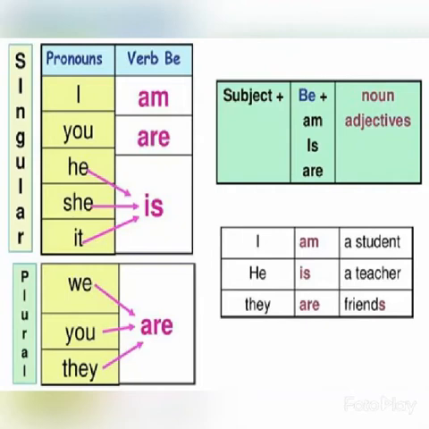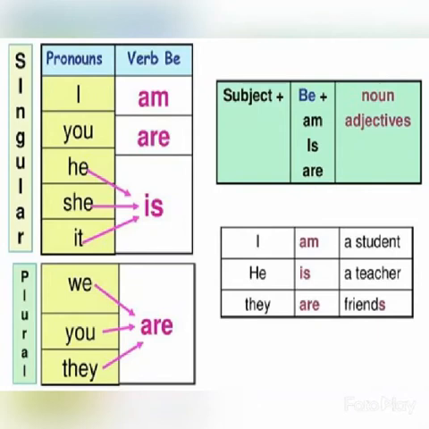Am is only used with I. Then you is used with are. Although it is singular, still we use are with it. Then for he, she, it, we always use is. Then for plural pronouns we, you, they, we use are.